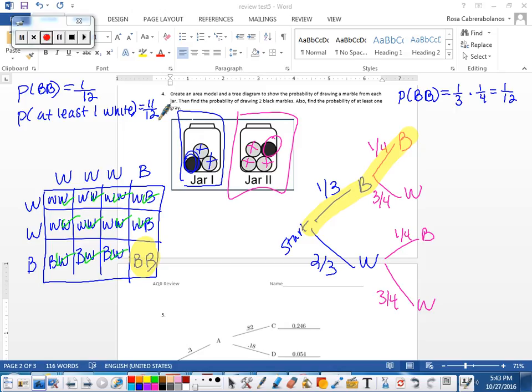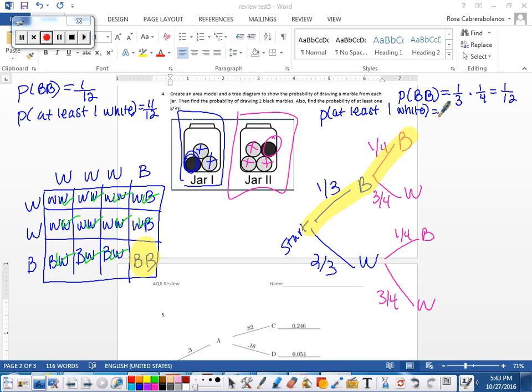And then now I gotta do the same thing for my tree. Probability of at least 1 white. That means I gotta follow all of the branches that have white.